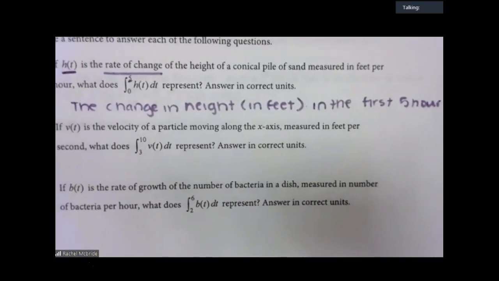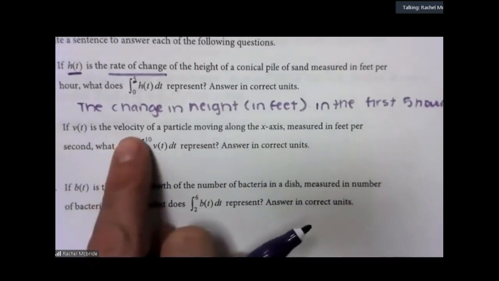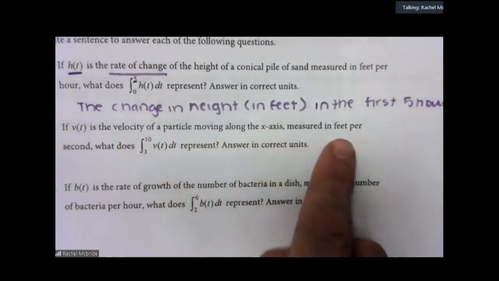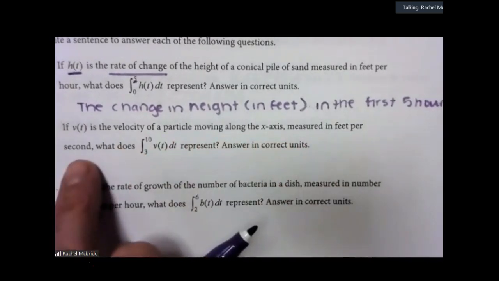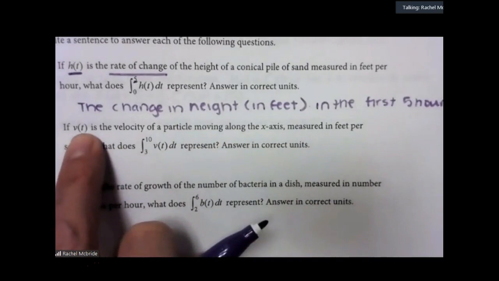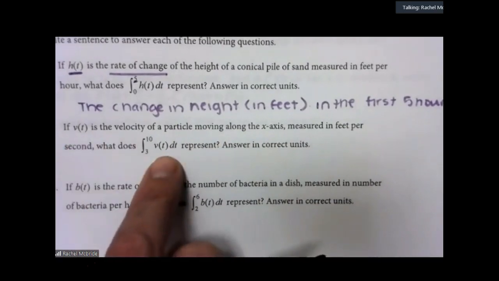If the velocity of a particle moving along the x-axis is measured in feet per second, we're given velocity. We all know that the antiderivative of velocity is position.